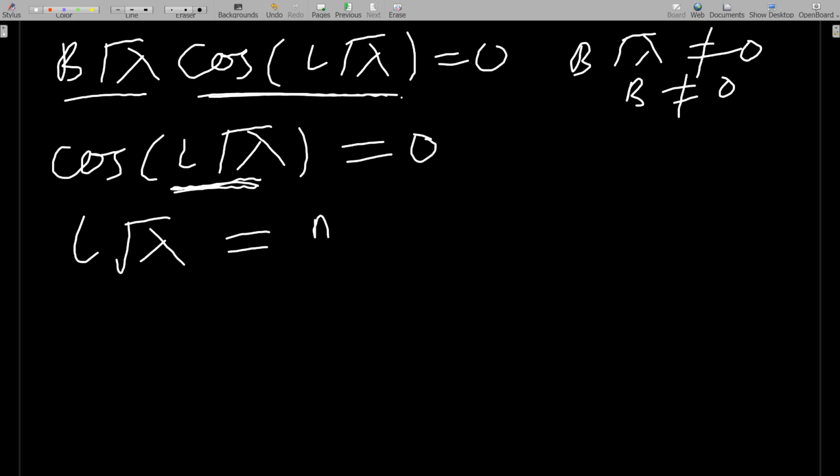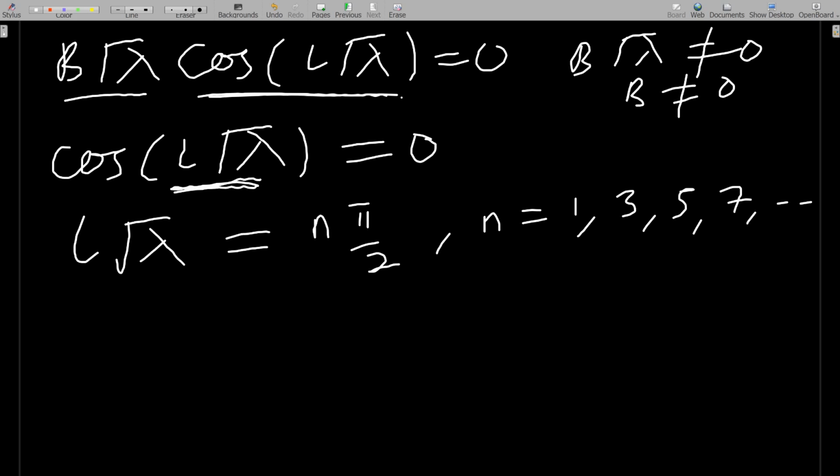That is n pi over 2, where n is odd. So n is 1, 3, 5, 7, and the rest. Okay, so n is odd. When you do this, convert your calculator to radians and choose any of these n's. When n is equal to 3, you have 3 pi over 2. Cos of that will give you 0. When n equals 5, you have 5 pi over 2. Cos of that will give you 0.